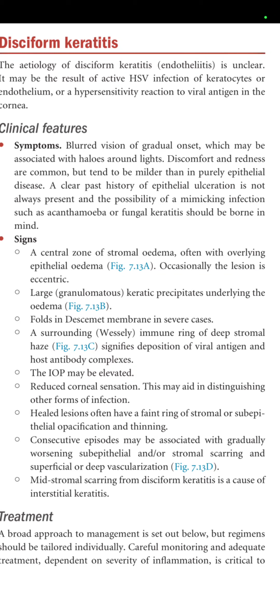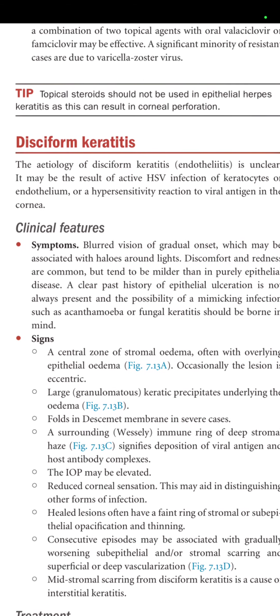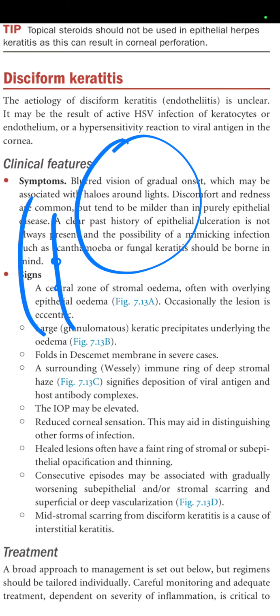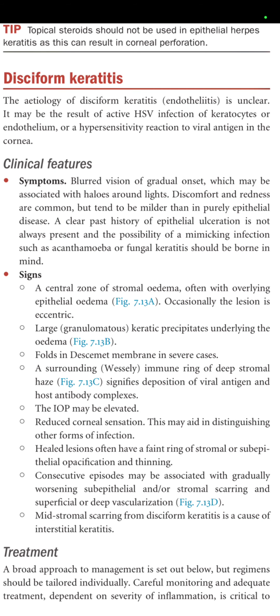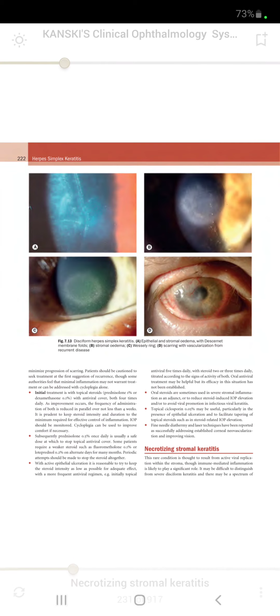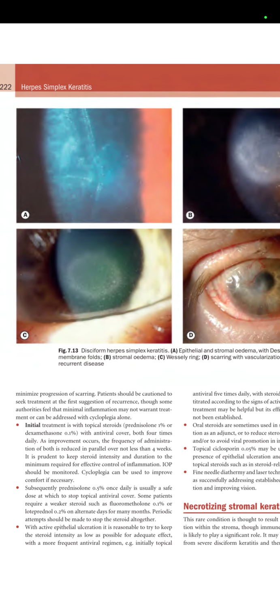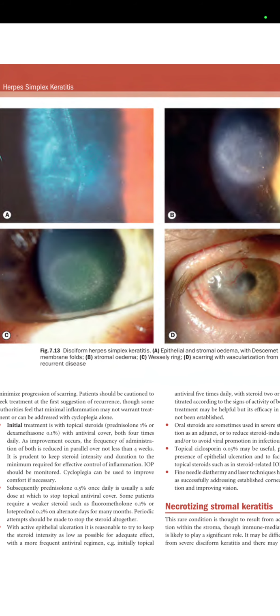Large granulomatous keratic precipitates underlying the edema. So there can be keratic precipitates which are large and granulomatous. So this is the cornea, we can also find the large granulomatous keratic precipitates. We can see figure 7.13a and b. In figure 13a, we can see epithelial and stromal edema with Descemet membrane folds.